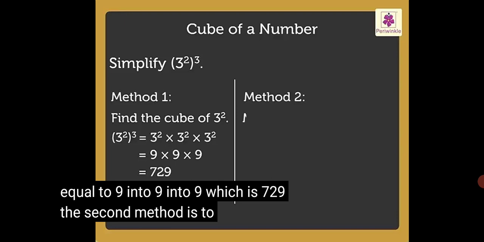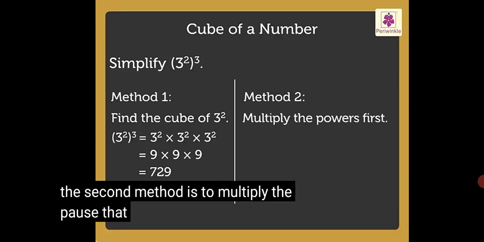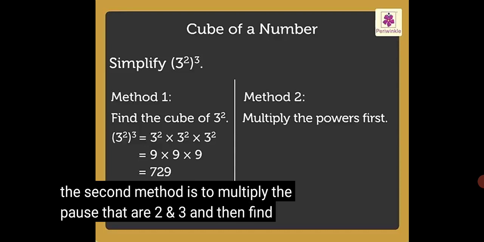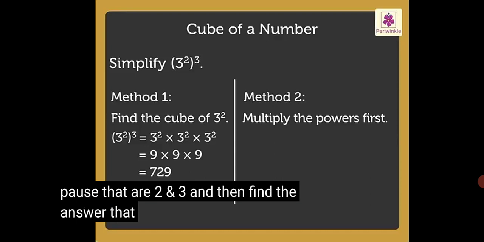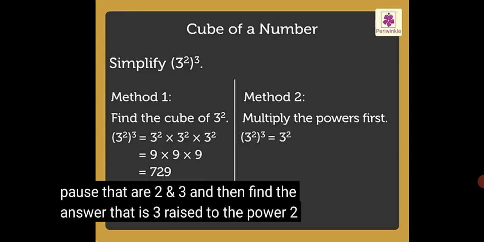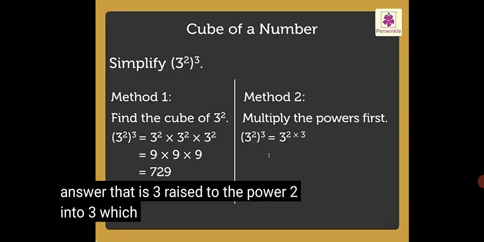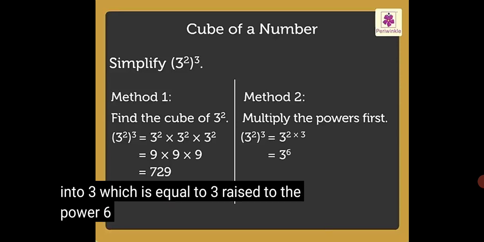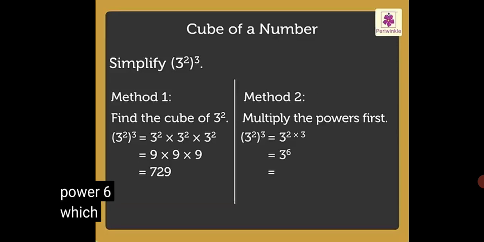729. And the second method is to multiply the powers first. Multiply the powers 2 and 3, which equals 3 raised to the power of 6.